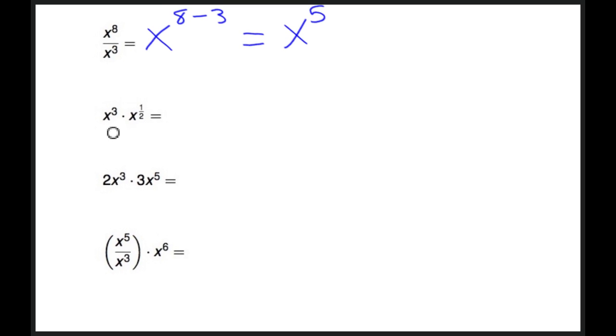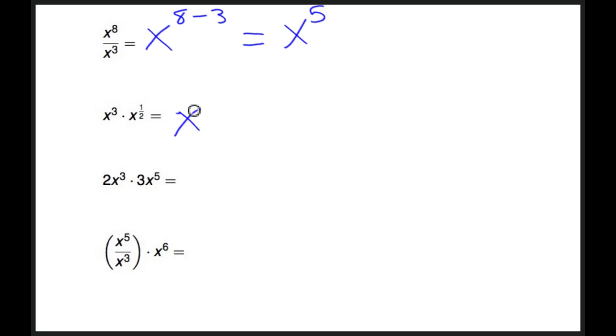Okay, so here we have x cubed times x to the 1/2. So all of that 1/2 is in the exponent of this second expression. Now again, the rules are the same, but students don't like fractions for some reason. But here you have two things with the same base, both have base x, and you're multiplying those things, which means that you should add the fractions.